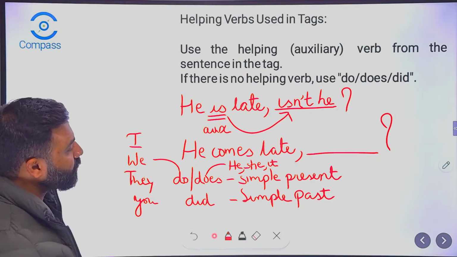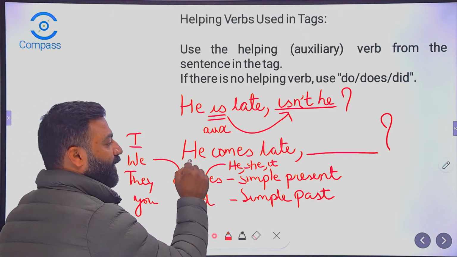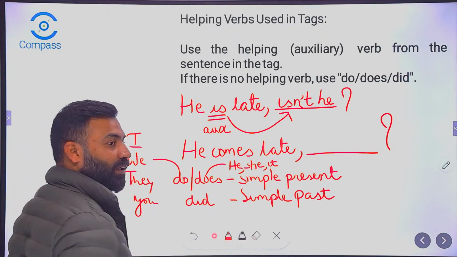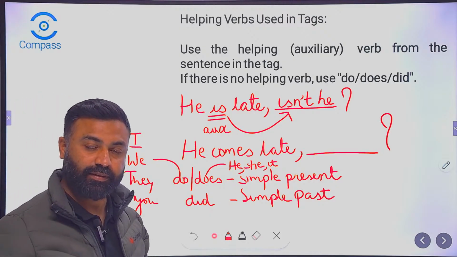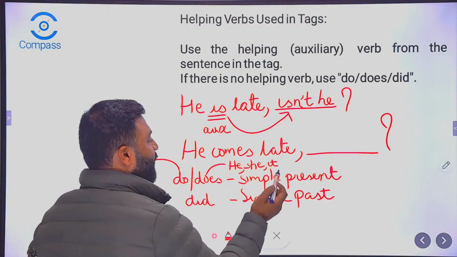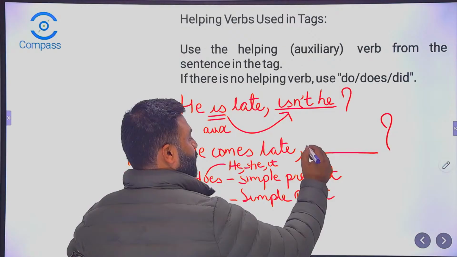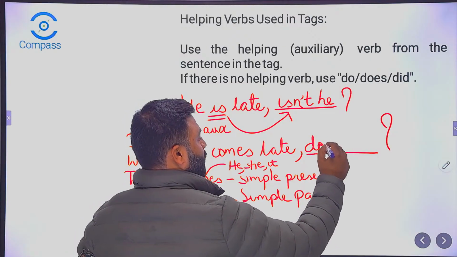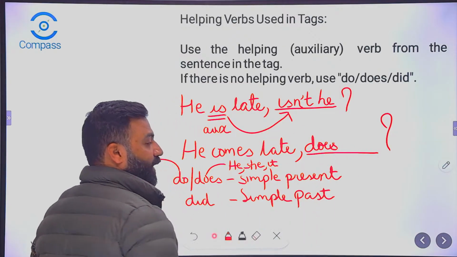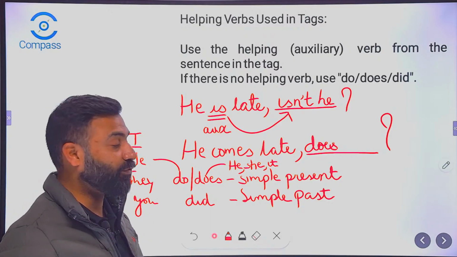All right. So since we have he here and the tense is simple present, we are going to use does. And now we are going to add not as well in the contracted form.